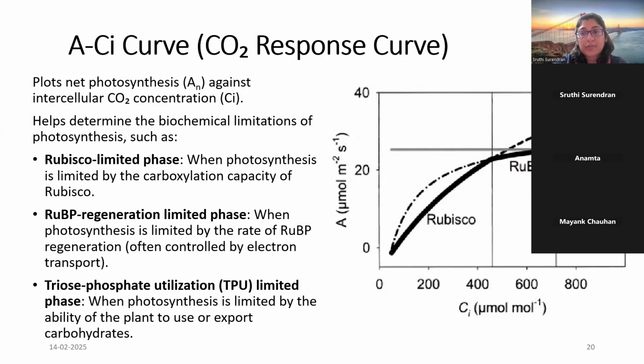This portion of the curve is telling us that triose phosphate utilization, whether it increases or decreases, governs the rate of photosynthesis at high intercellular carbon dioxide.